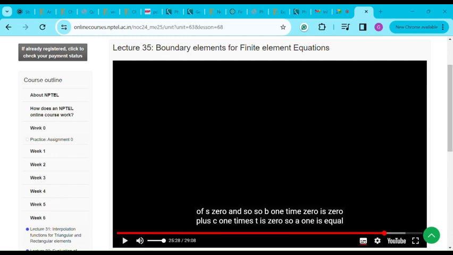Similarly, let's say if you are taking F3, let's see how F3 would look. This would be node 3.